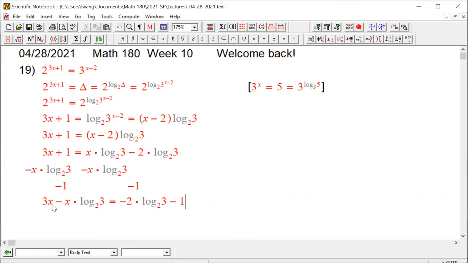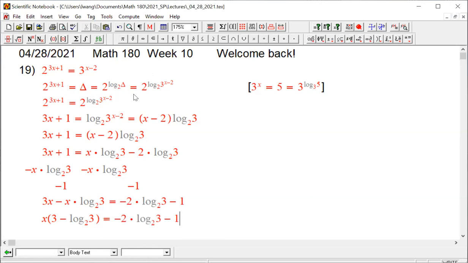So now the x's are together, and terms without x's are separated. Factor out the x. So you have 3 minus log base 2 of 3 equals the entirety of the right-hand side.